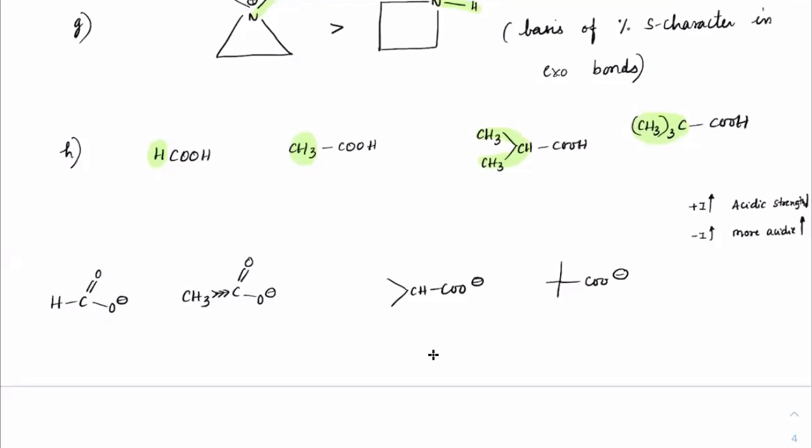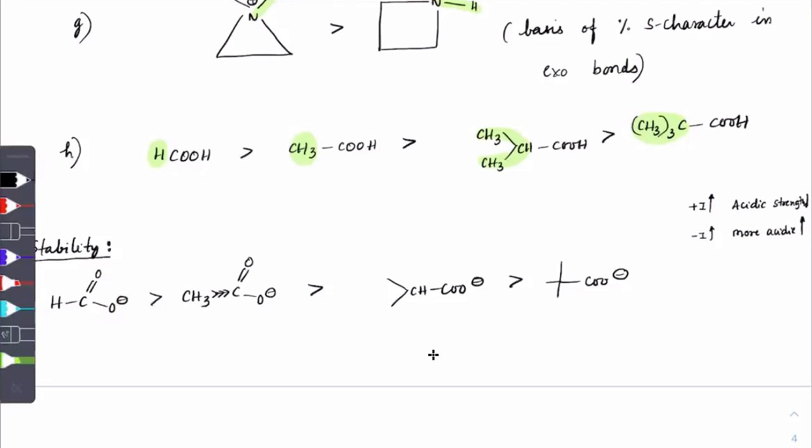So these are all the respective conjugate bases. If we check the stability of these conjugate bases, we have studied this already, how to compare the stability. HCOO⁻ will be more stable. Since this is the more stable conjugate base, the respective acid will be more acidic. So if we check the acidic strength, this is how it varies.